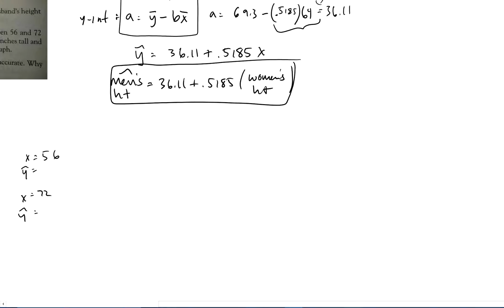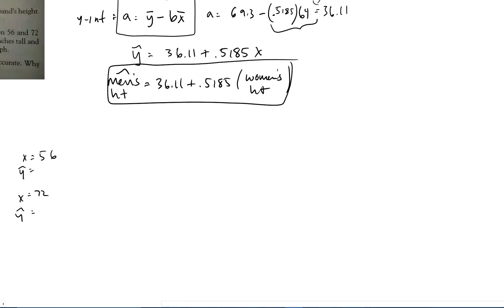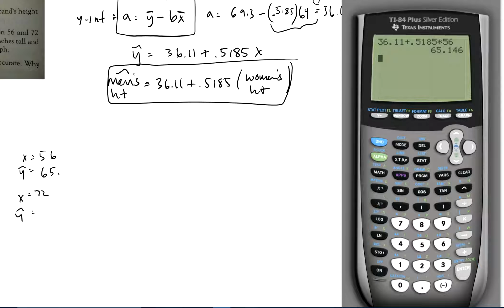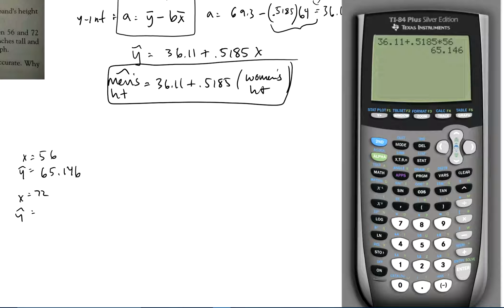Okay, so I'm going to move this over here so you can see on my calculator what I'm doing. So we're going to do 36.11 plus 0.5185 times 56. That's going to be the male's height, 65.146. And then you remember to redo that equation, remember what to push? Yeah, I'm waiting for you.